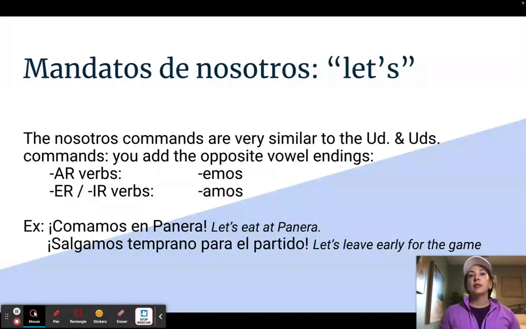So for AR verbs, instead of being amos, it would be emos. For ER and IR verbs, instead of being emos or imos, it's amos. For example, comamos en Panera, let's eat at Panera. Or salgamos temprano para el partido, let's leave early for the game.